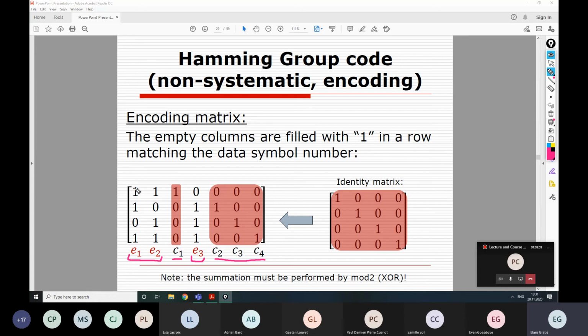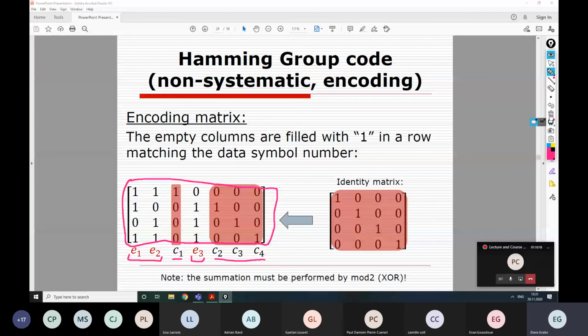So this way we have developed the encoding matrix, which can be used, for example, in Octave or MATLAB. I will show you on our third lecture how to do that, and you will need to make that encoding matrix anyway for your sixth task.